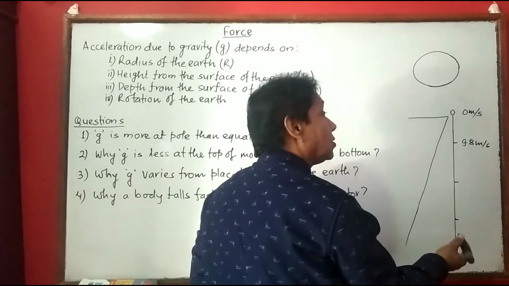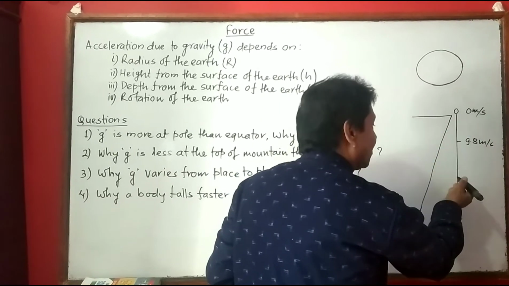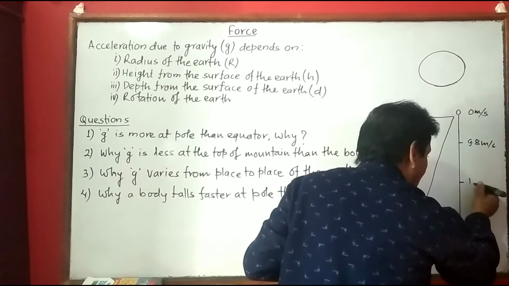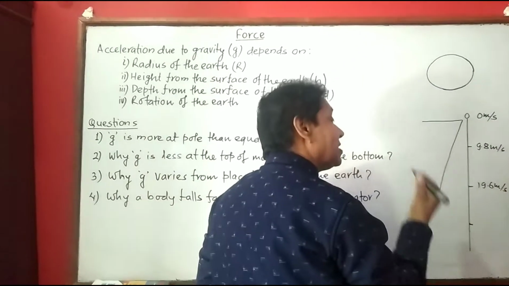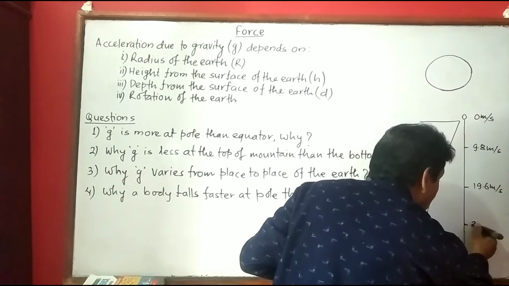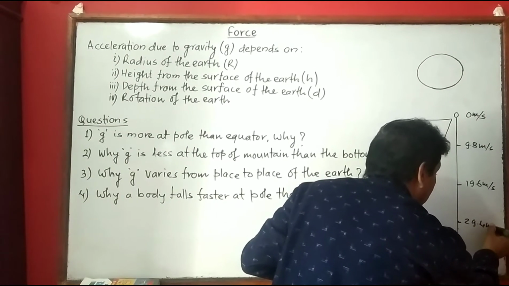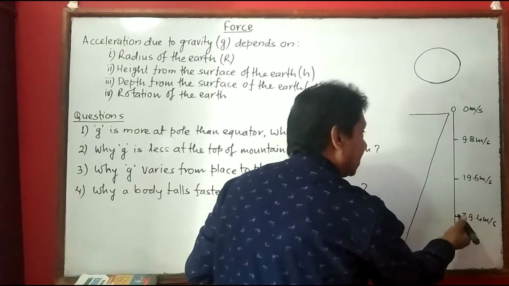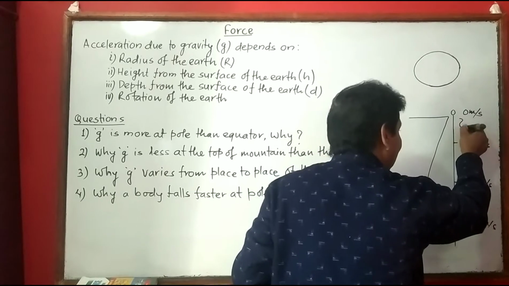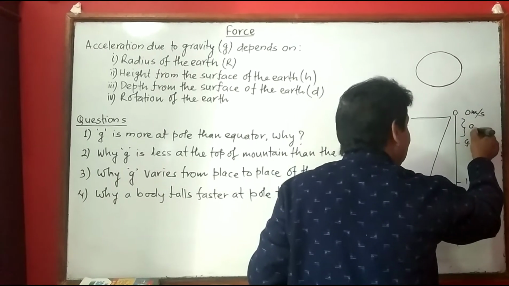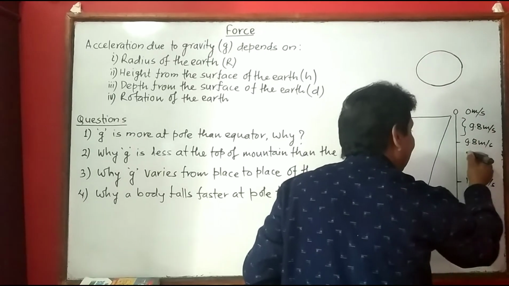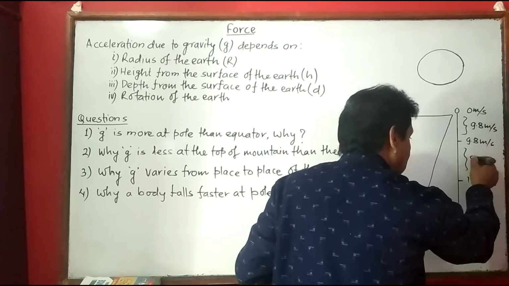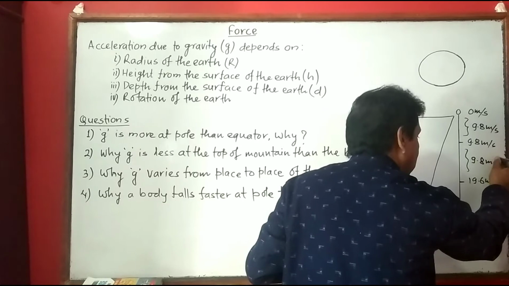At the end of the second second, it is 19.6 meters per second, and at the end of the third second, it is 29.4 meters per second. What is the difference? In every 1 second, its velocity is increasing by 9.8 meters per second.